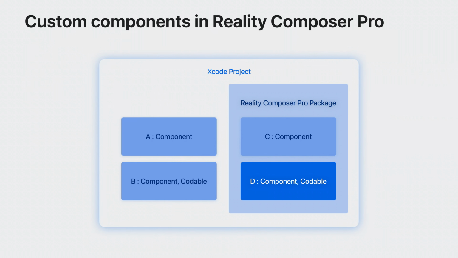So they won't be available for you to attach to your entities in Reality Composer Pro. Component C is inside the package, but it is not codable, so Reality Composer Pro will ignore it. Of the 4 components shown here, only component D will be shown in the list in Reality Composer Pro, because it is within the Swift package, and it is a codable component.